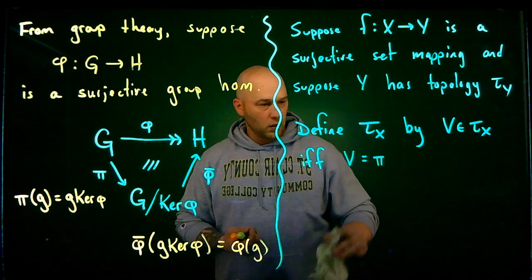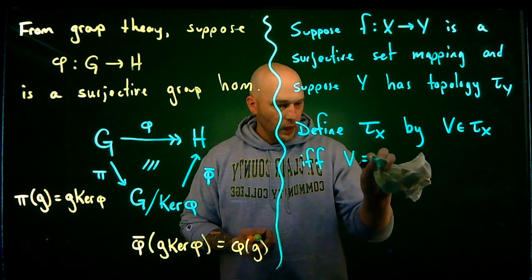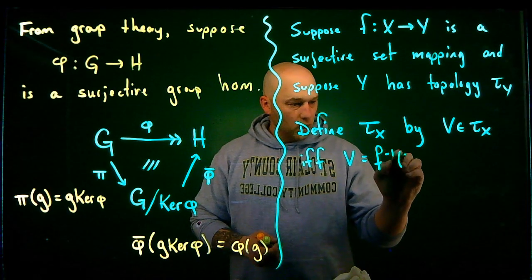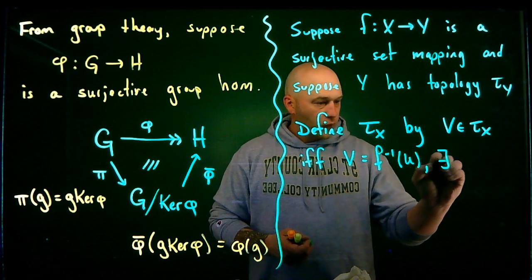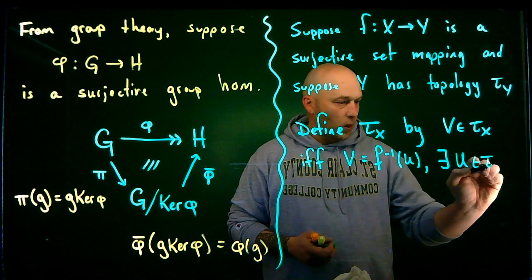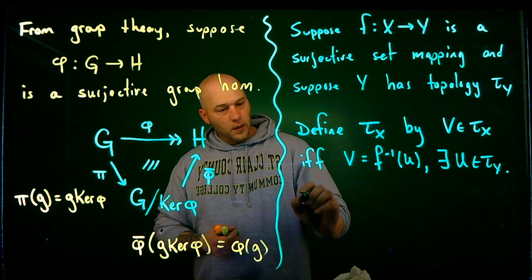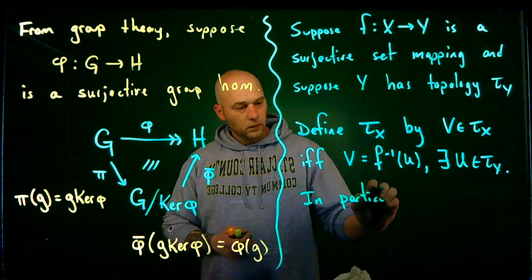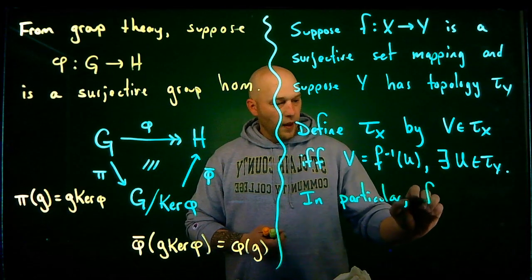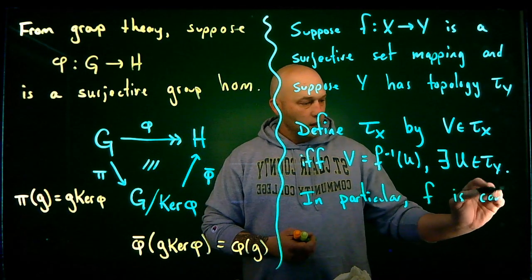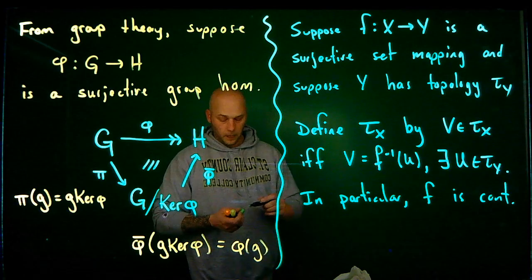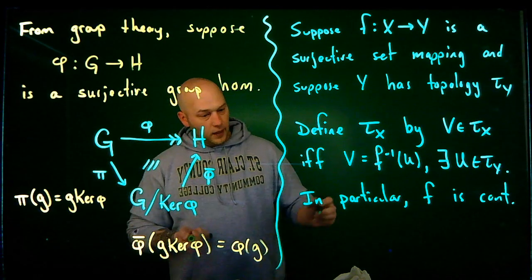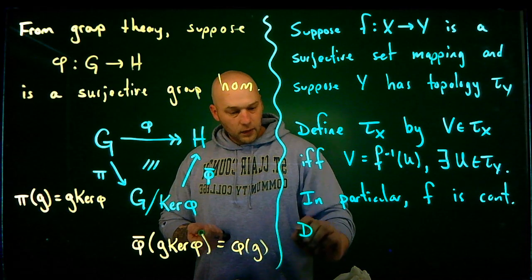See, I used the function f, not pi. If and only if V is equal to the pre-image of U for some U in tau Y. In particular, then, f is a continuous function.